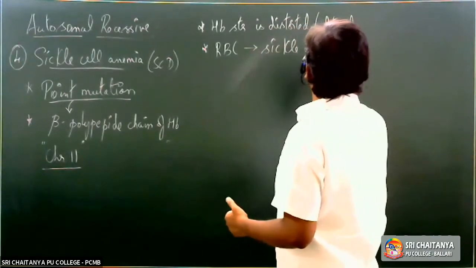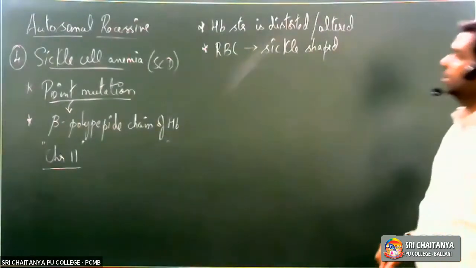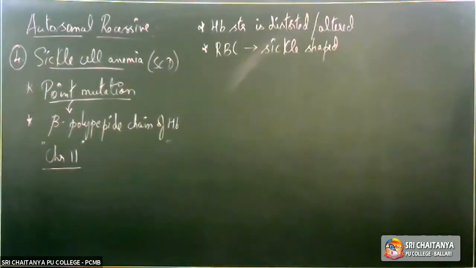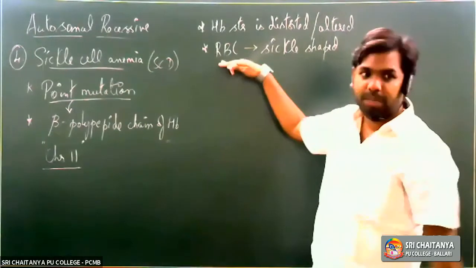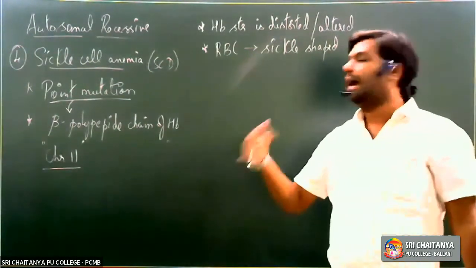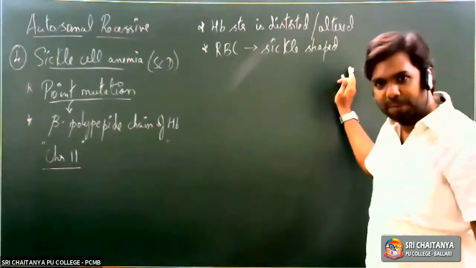RBC would become sickle shaped, right? So this is the second condition that is seen. In the first condition, what is happening? Hemoglobin structure gets altered because of this point mutation. The second thing that happens is the shape of RBC changes and it becomes a sickle shape, right?